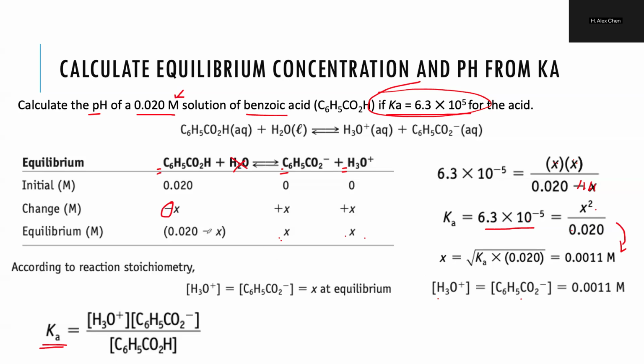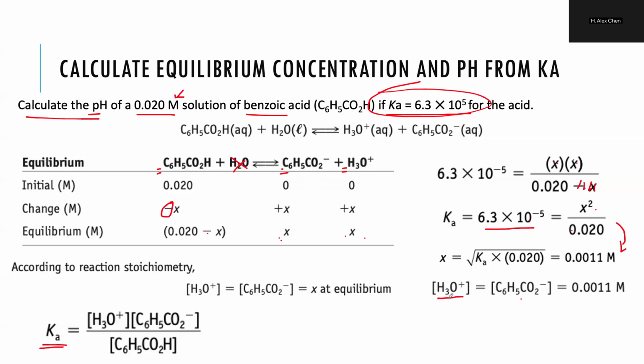Do I need to find the concentration of C6H5CO2H? I don't, because the question never asked, but I can by doing 0.020 minus x. Finally, I can go back to my question, which is to calculate the pH. So how do I calculate pH?